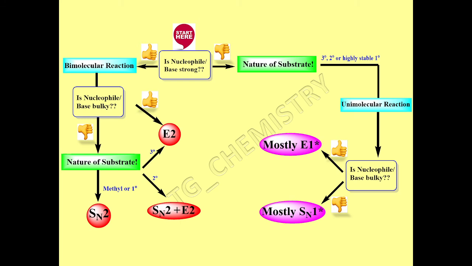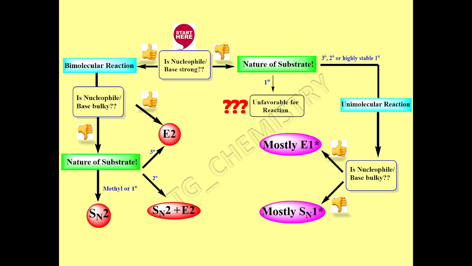One thing needs to be mentioned: in the beginning, when we talked about the nature of the substrate, when the nucleophile or base is not strong, if the substrate is a 1-degree alkyl halide and there are no substituents that are going to make it more stable or favorable for the reaction, then the reaction will be unfavorable for either E1 or SN1, so the reaction will not proceed further in that case.